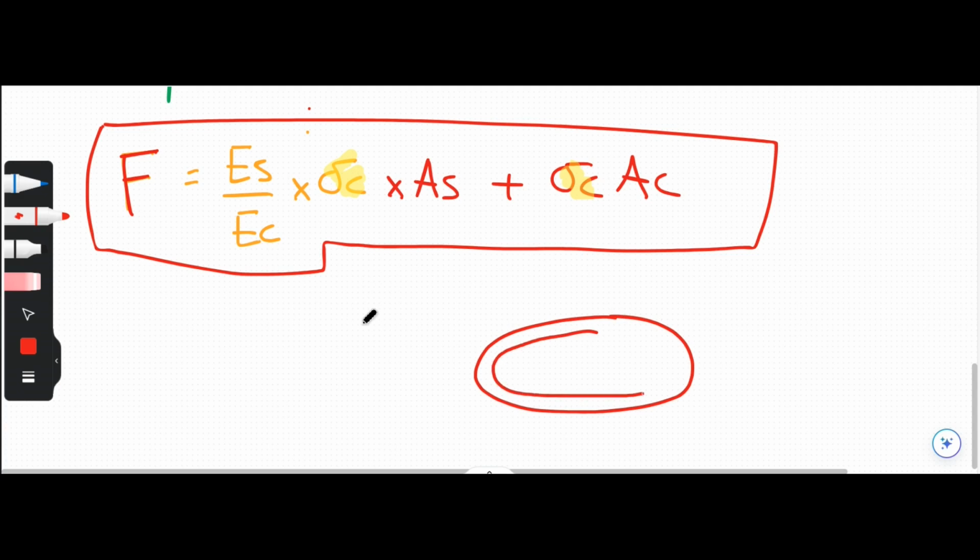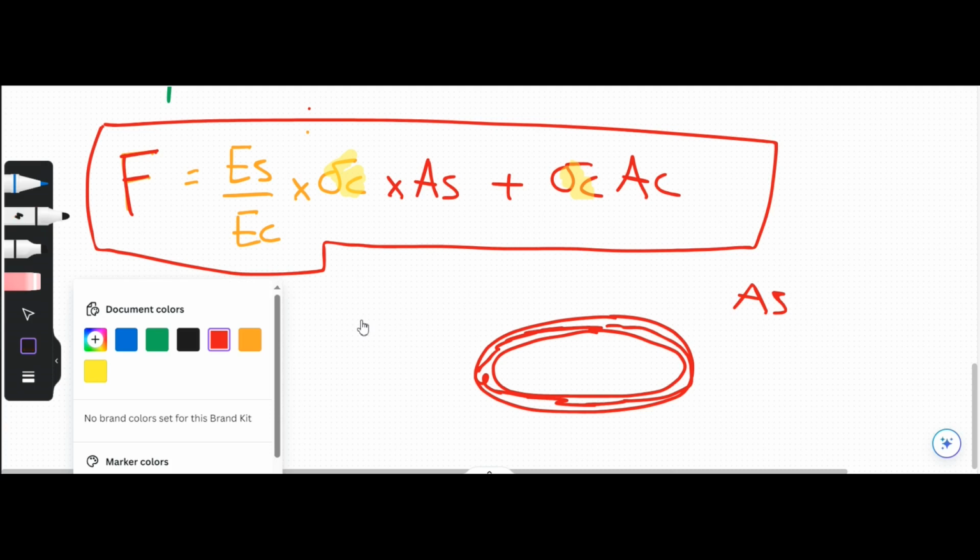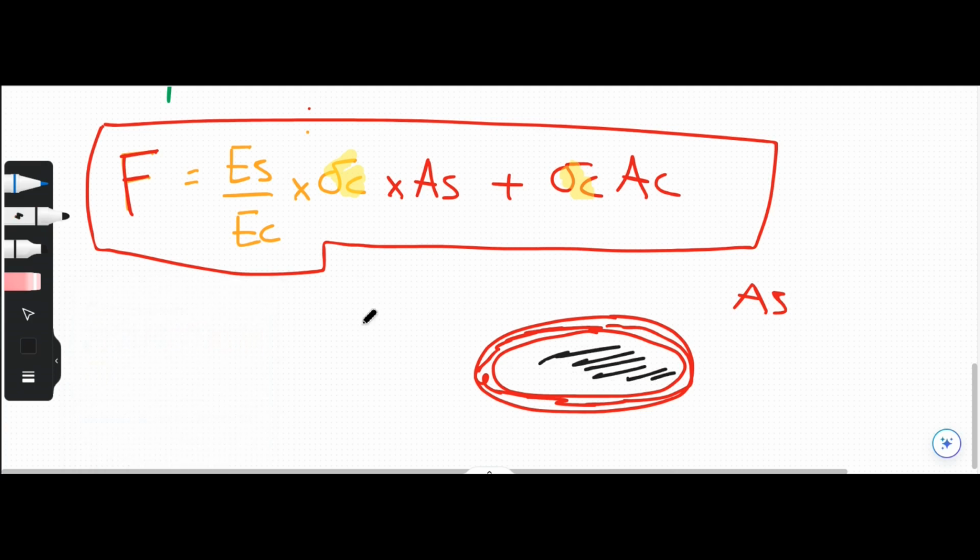That's my steel there, the area of the steel. And in here is filled with concrete. That's going to be the area of concrete. In my example it's 20 millimeters there, and the wall is 2 mil. So I can use pi r squared to find the areas, because I know it's a round thing.